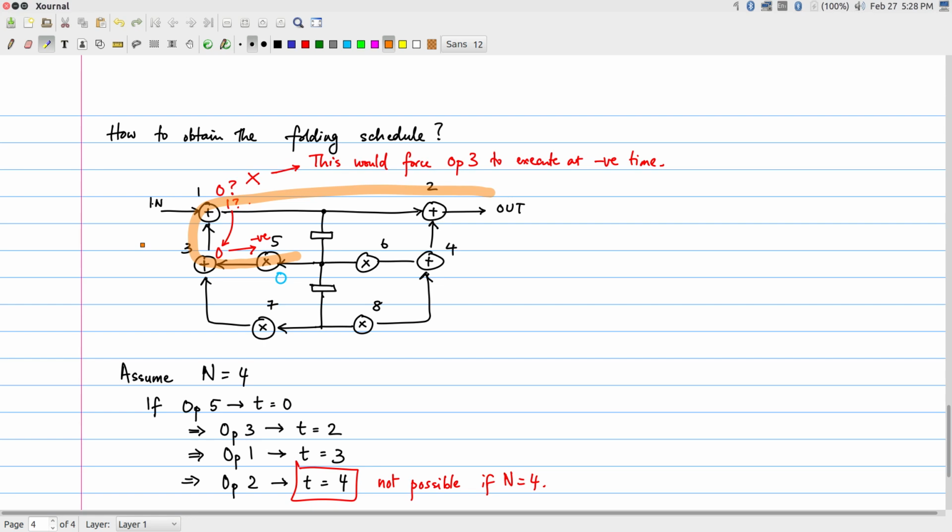What is the name that I normally give to this path? The critical path. In this diagram as it stands, the critical path is 5 time units long. So n equal to 4 is basically not possible, since the critical path is equal to 5 time units.